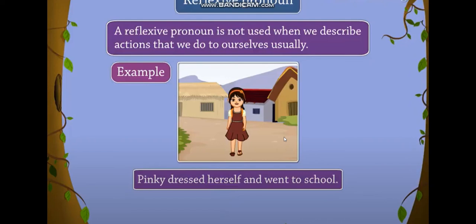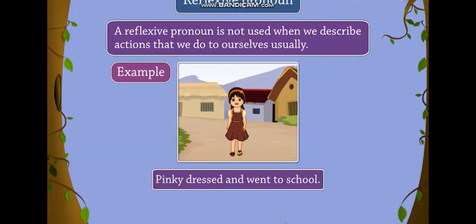Hence, the sentence should be Pinky dressed and went to school, because it is very obvious that no one else will help Pinky to dress.